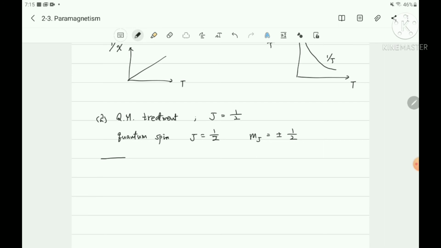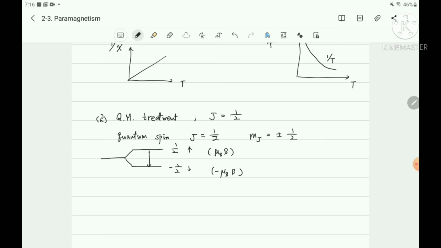Here, if there is a degenerate state, by applying a magnetic field there is spin degeneracy splitting. One is the 1/2 spin up, and the other is minus 1/2, the spin down, and here the magnetic moment is mu B, and also minus mu B.